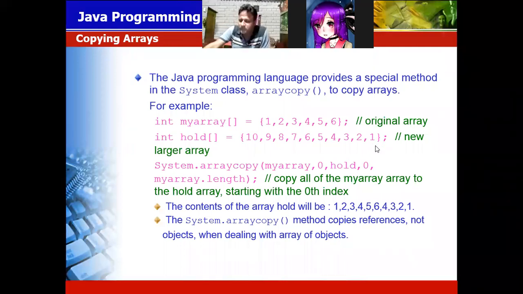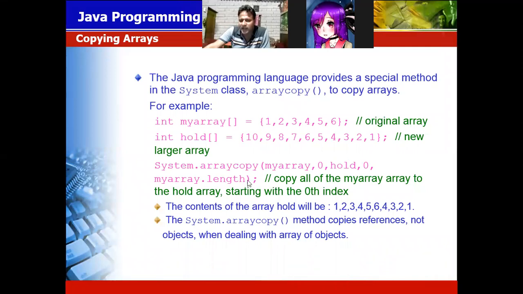Now, if I write here my array 1 location, if I copy the element from my array 1 location, then I have to copy from this position. Then I have to paste where? In hold array. So here, if you want to copy from 1 location, then you have to write my array dot length minus 1.